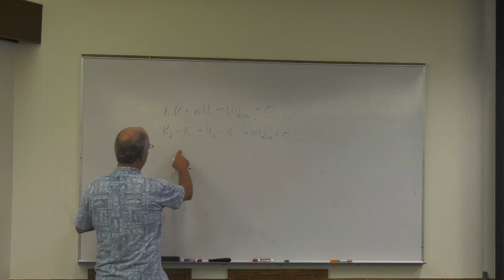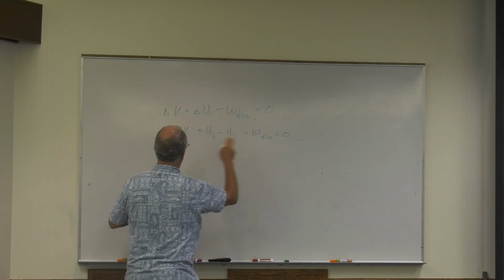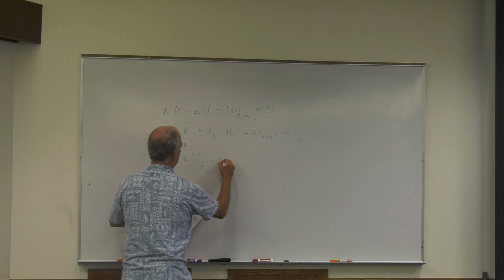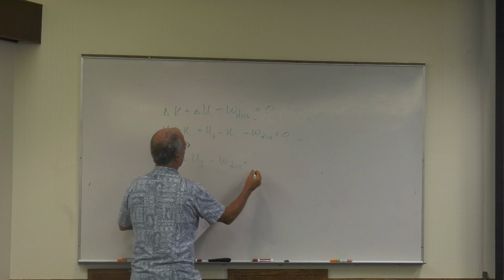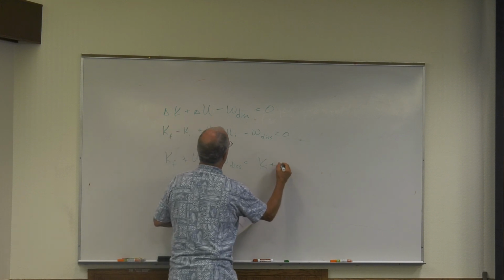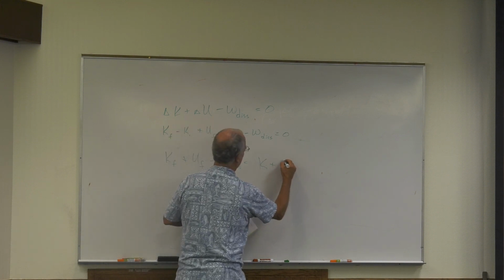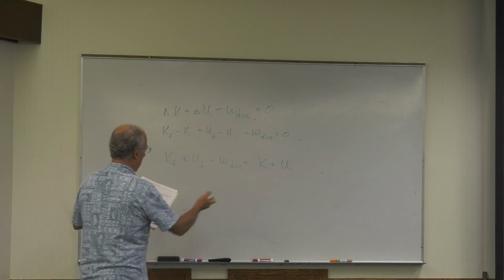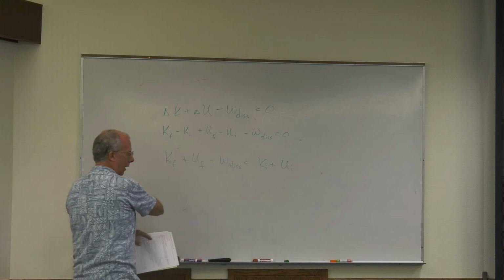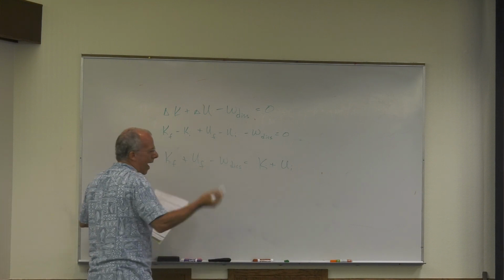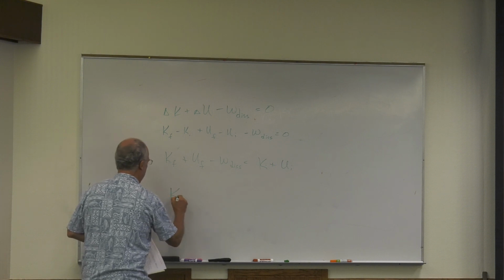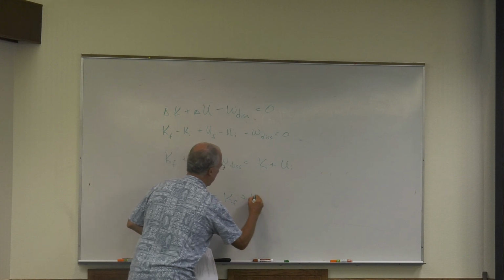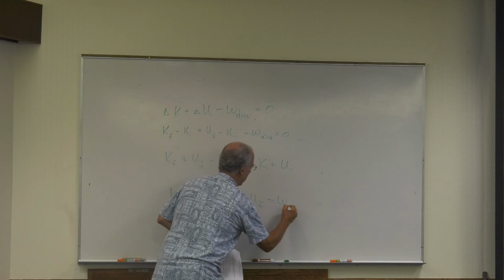I'm going to put my initials on the other side, so K final plus U final minus W dis equals K initial plus U initial. Then I'll switch it, because I want my initials on the left and my finals on the right. You don't have to, but I like it that way. So K initial plus U initial equals K final plus U final minus W dis.